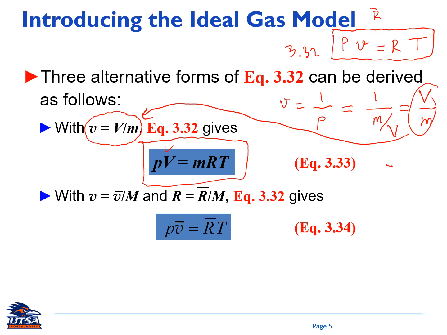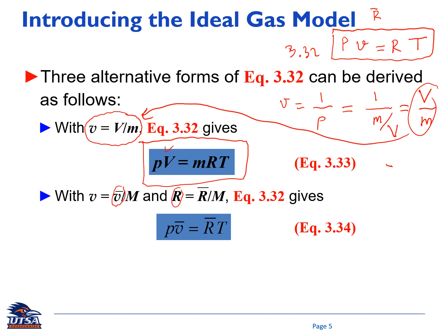The second form is when we substitute v by v on a molar basis, with the over bar, as well as replacing R by R over bar.